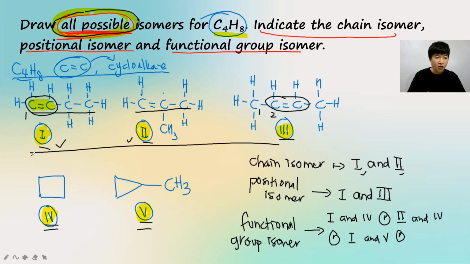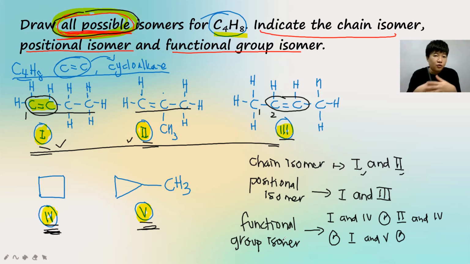So any one of the 1, 2, 3 pairing with the 4 and 5 is also a functional group isomer. As long as you are pairing up the carbon-carbon double bond with the cycloalkane, that is your functional group isomer. Simple.